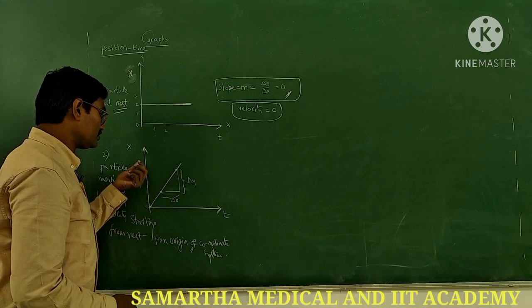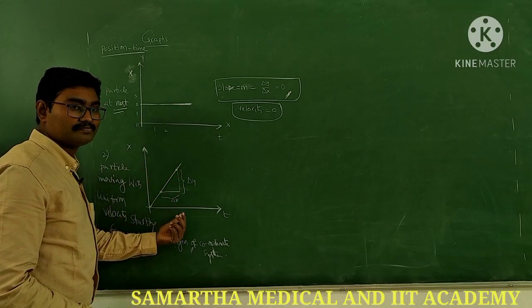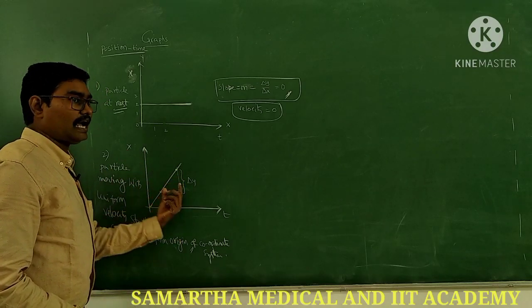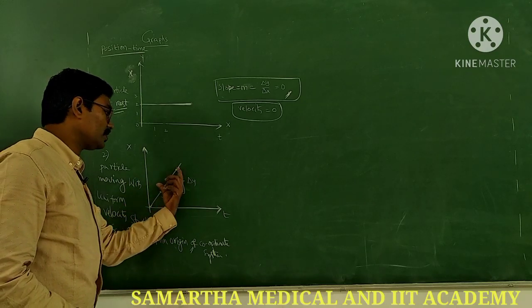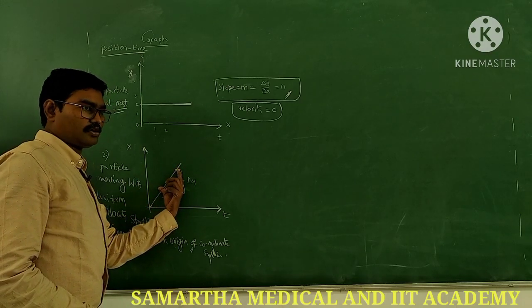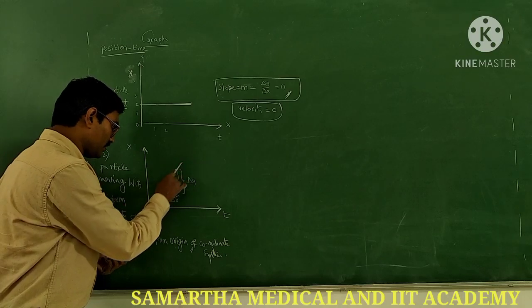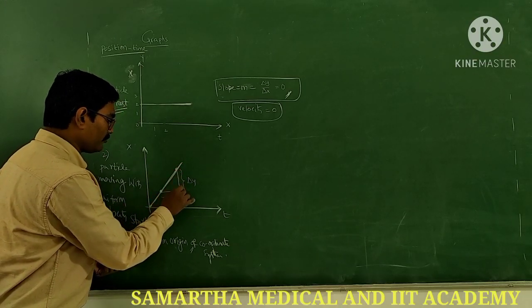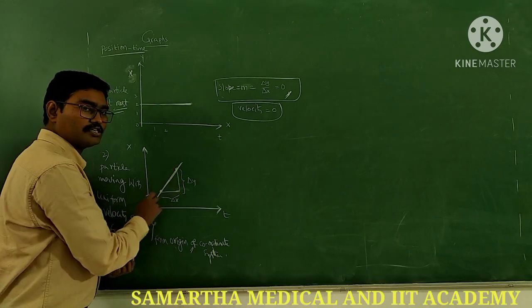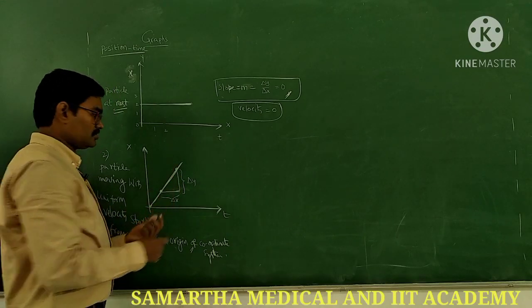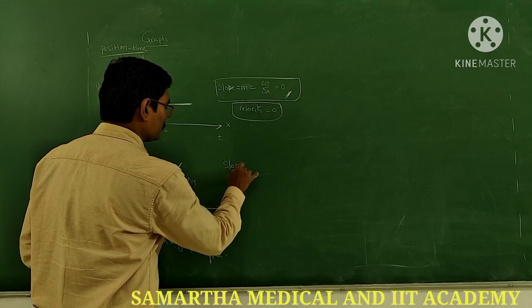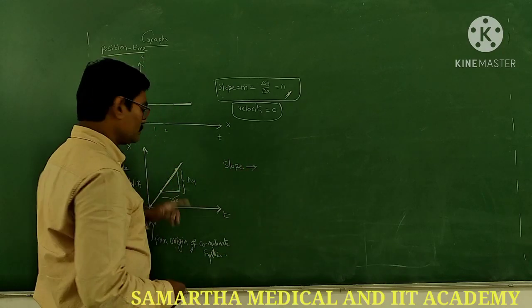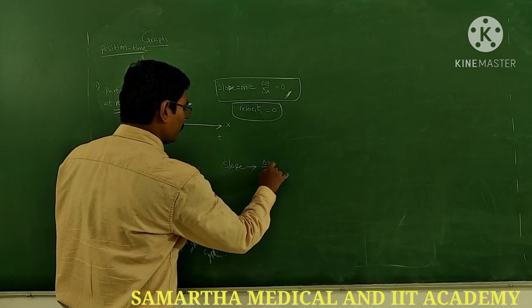Displacement by time is velocity. Average velocity between 2 points on a chord.